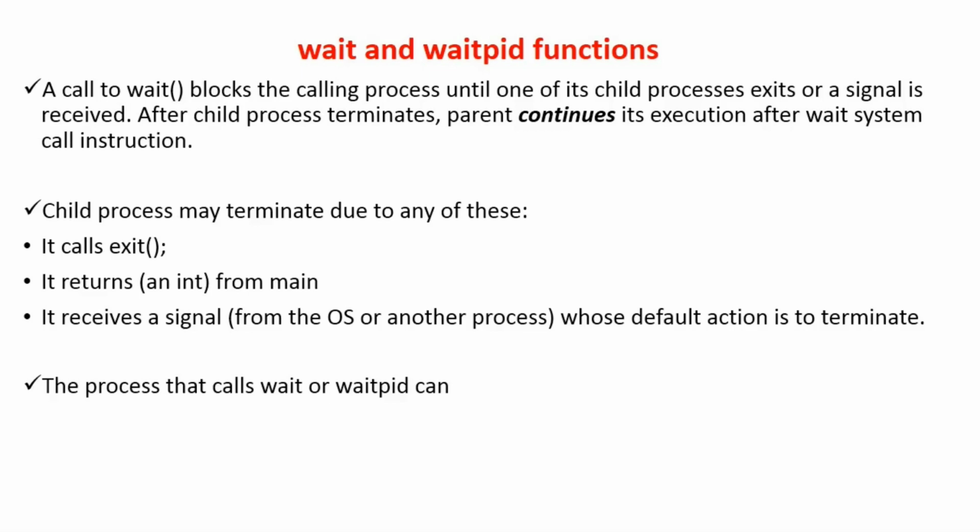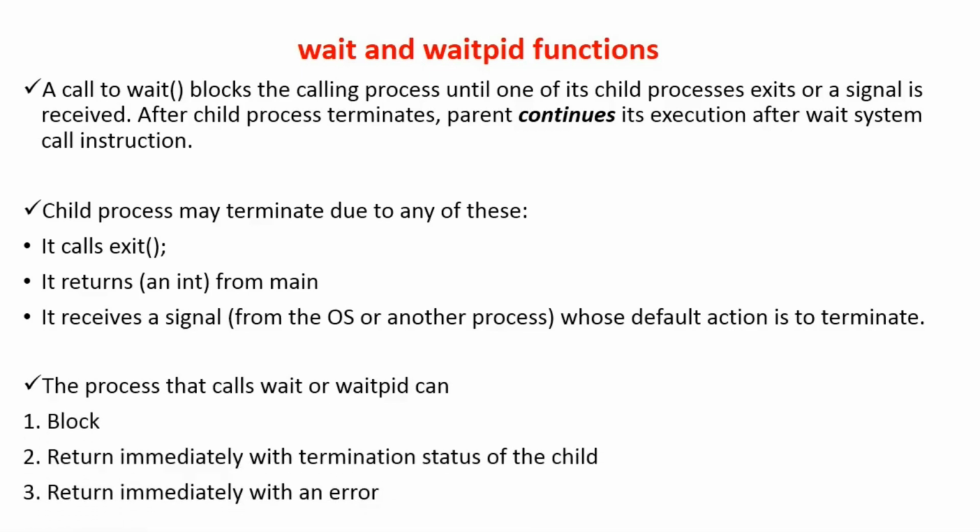A process that calls wait or waitpid can block, return immediately with the termination status of the child, or return immediately with an error. The termination status is sent to the parent.